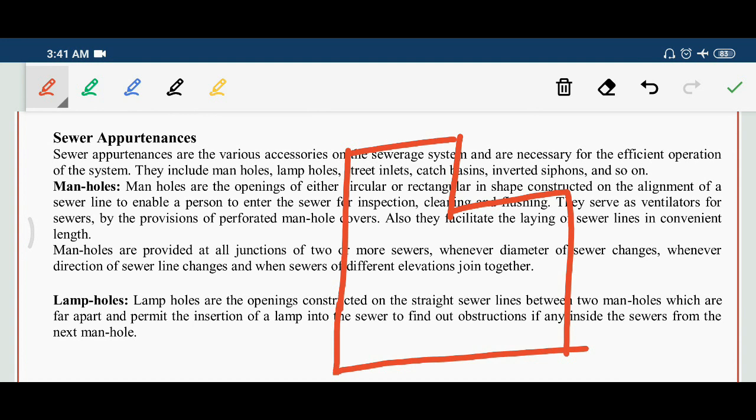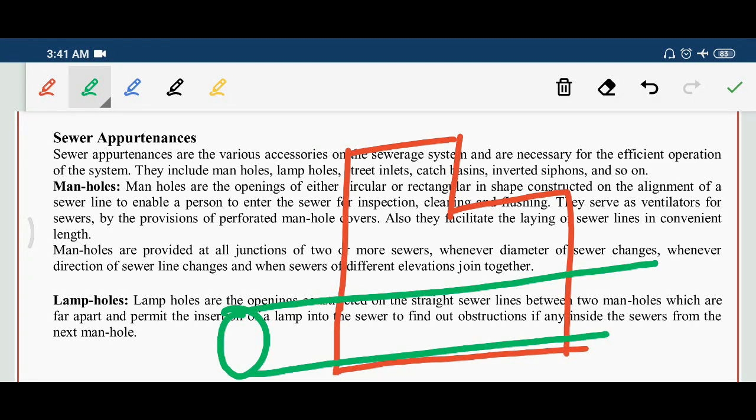Let us say this is a sewer, and we have steps, a ladder you can call. There will be a cover.